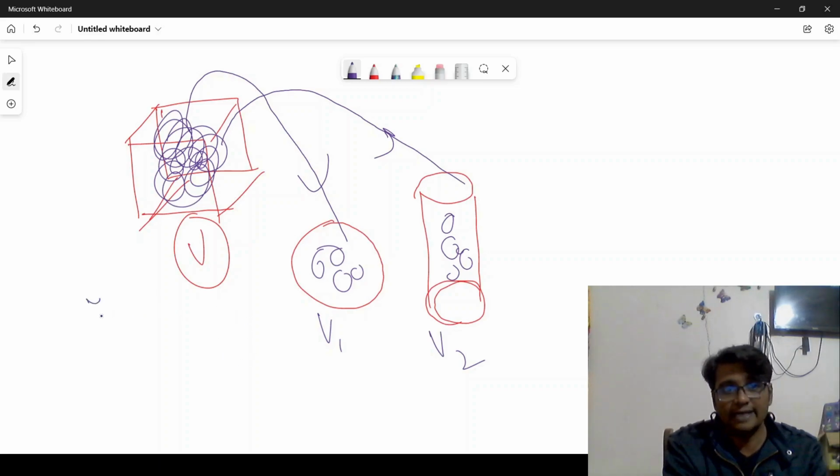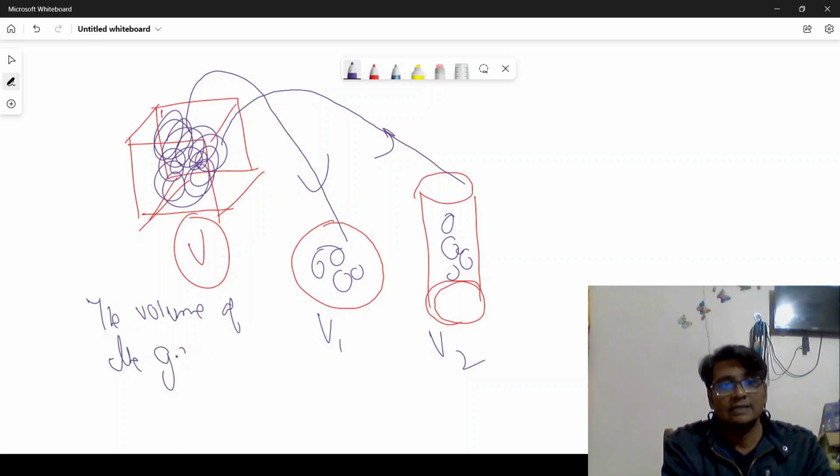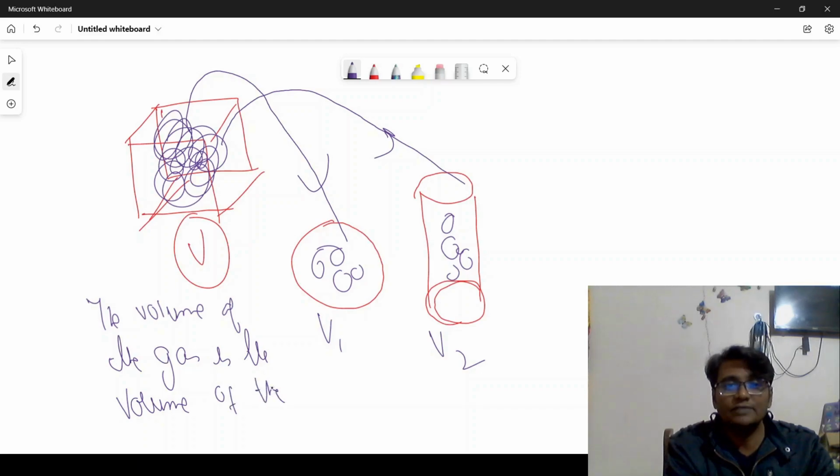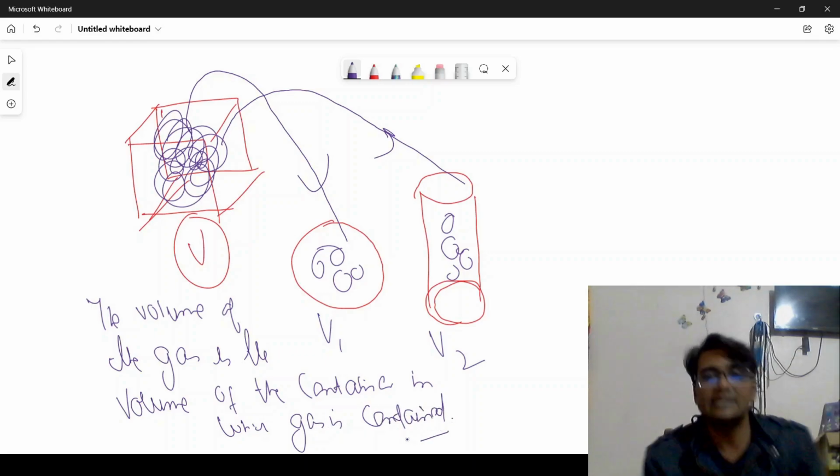The volume of the gas is the volume of the container in which gas is contained. जिसके अंदर गैस है उसी का वॉल्यूम गैस का वॉल्यूम होगा.